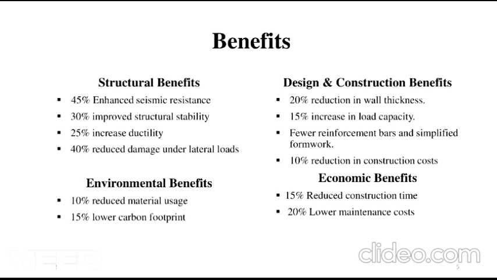In SPRC composite shear wall, 20% reduction is seen in wall thickness and it increases load capacity up to 15% and fewer reinforcement bars are used and the formwork is simple. So it reduces construction cost also.